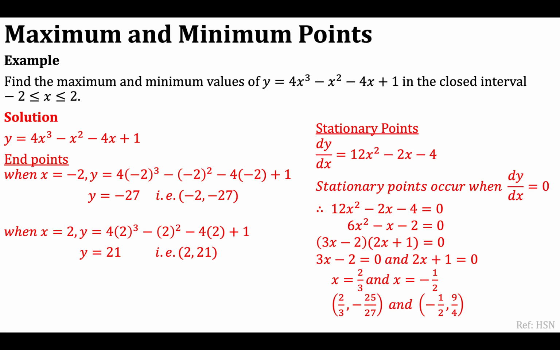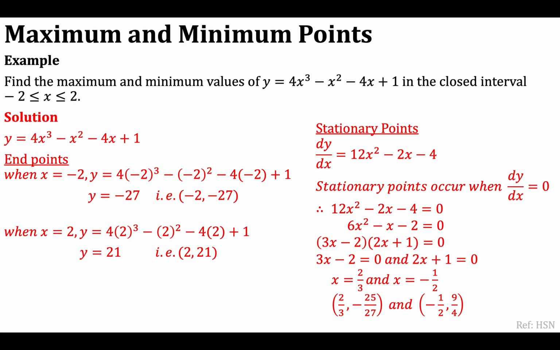So I now have all the points in question that could contribute to the maximum and minimum values of this curve, and I've looked for these within the closed interval -2 up to 2.